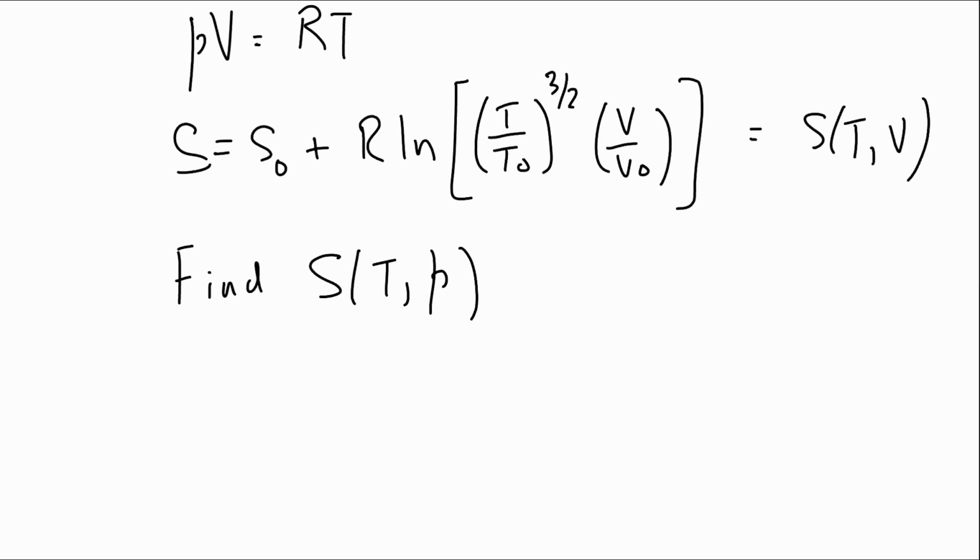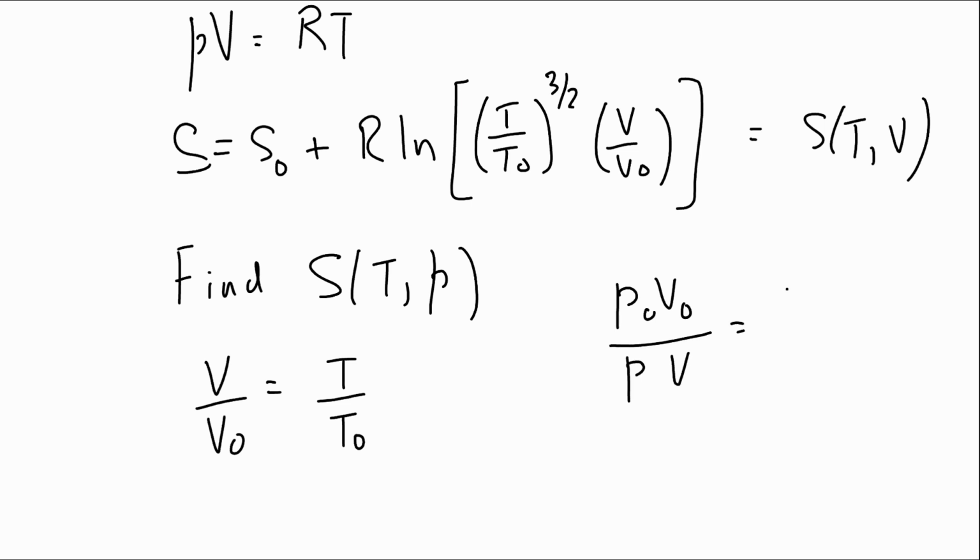So I need to get rid of V over V naught. That is equal to, let's get it right, P naught V naught over PV equals RT naught over RT, or vice versa. So I can rearrange this.